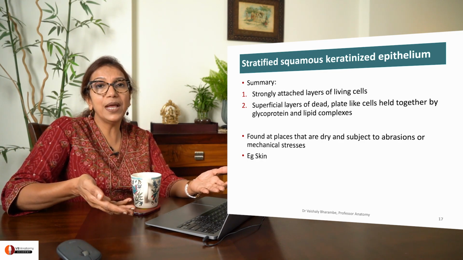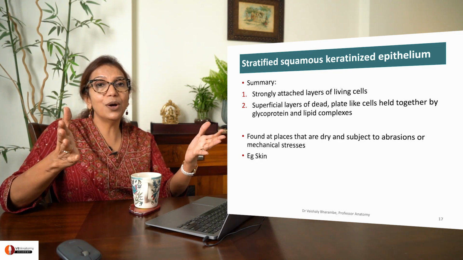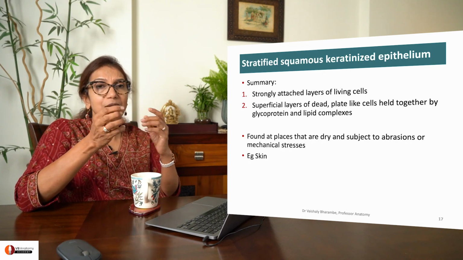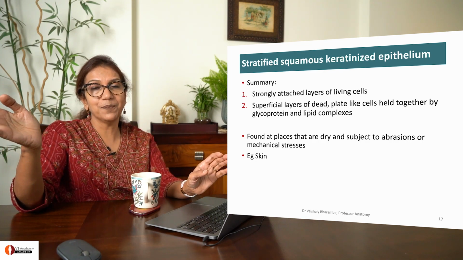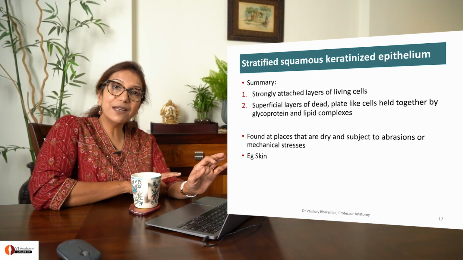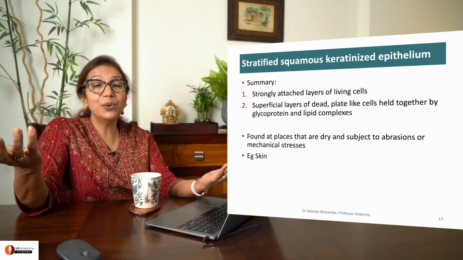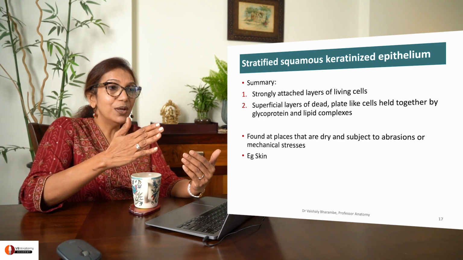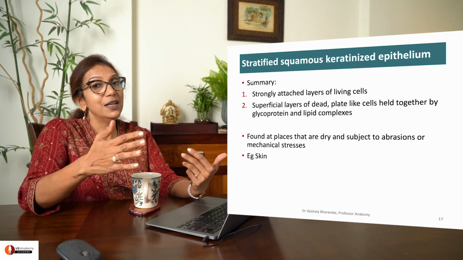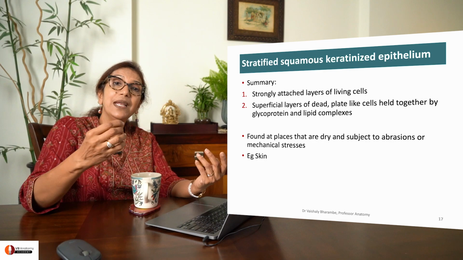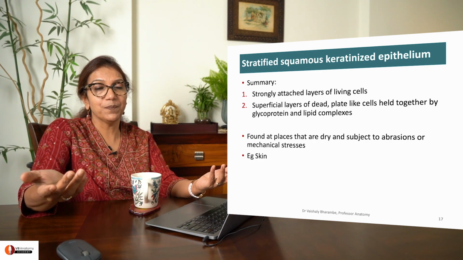You're walking on that foot. You're using your hands. So much friction. You have to have thick layer of keratin. Whereas the layer of keratin on your forearm or on your face is thin. You don't have that much friction. So the thickness of the keratin layer will be variable depending upon amount of friction.